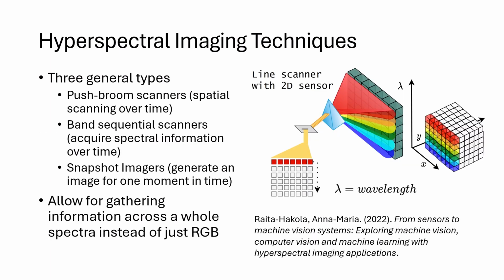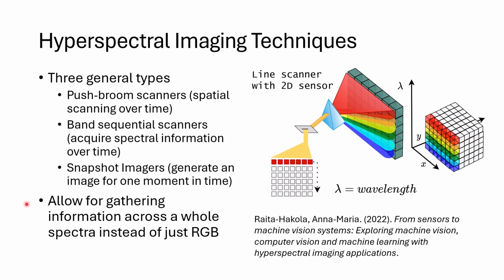Hyperspectral imaging techniques have certain strengths and weaknesses. In particular, there are three general types. There are push broom scanners, which spatially scan over time, band sequential scanners, which acquire spectral information over time, and snapshot imagers, which generate an image from one moment in time.